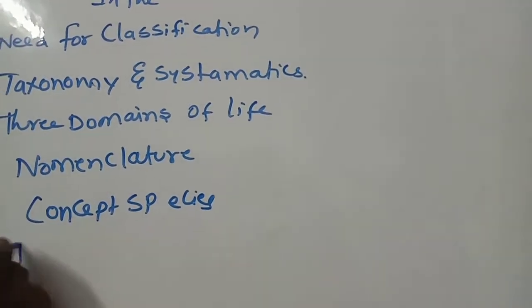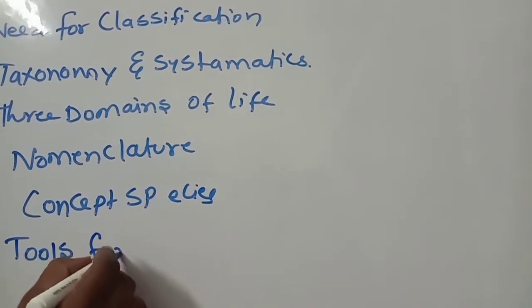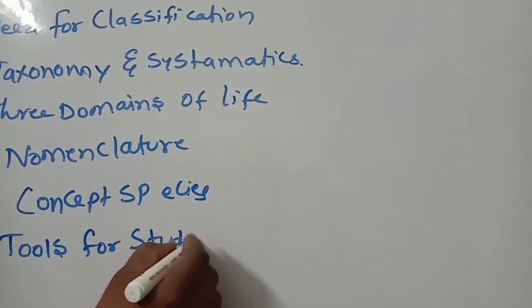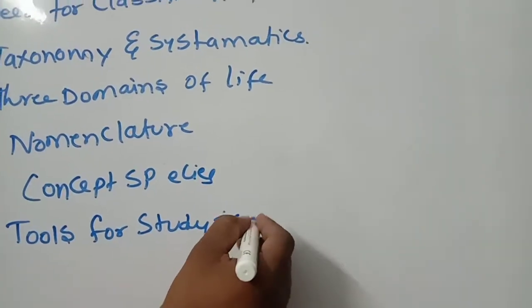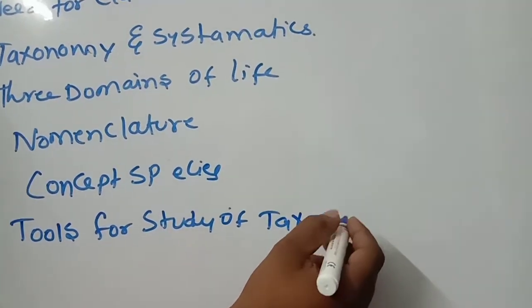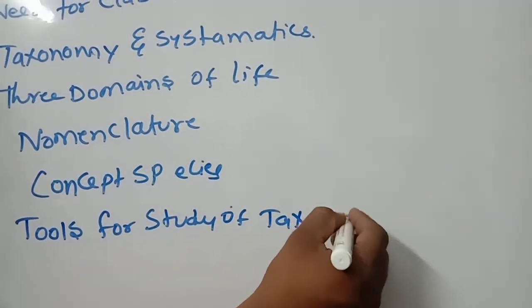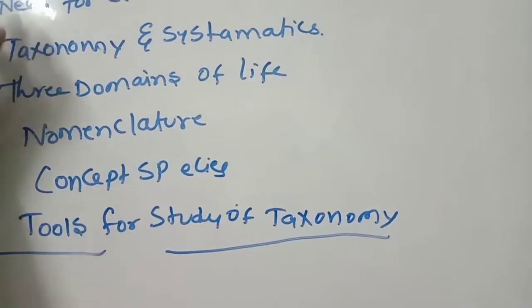Next, last what we discussed in this chapter: tools for study of taxonomy, like museums, zoos, keys, and what you call like Alice, abyss, like that. So Inotaxa. Like that we discussed. So all these contents we covered.